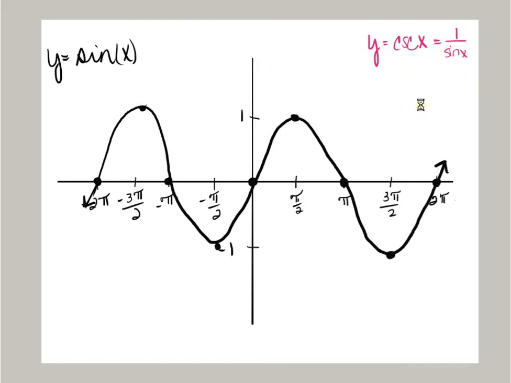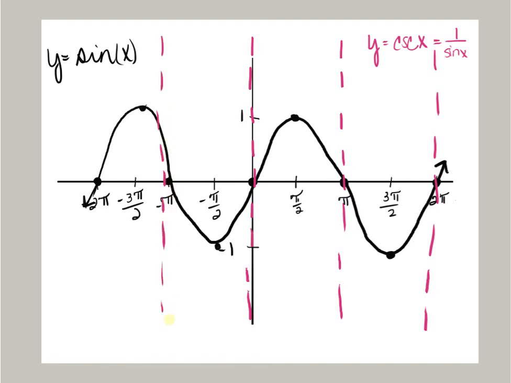And what happens when something is undefined in the graphing world? An asymptote shows up. So it's undefined right here, where sine is 0, and right here, where sine is 0, and here. Okay, so we've got several asymptotes that are coming up, which means it's going to happen in the negative quadrants as well.